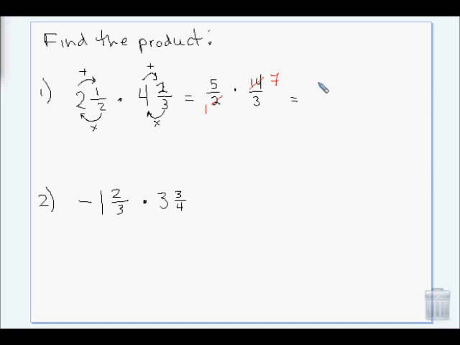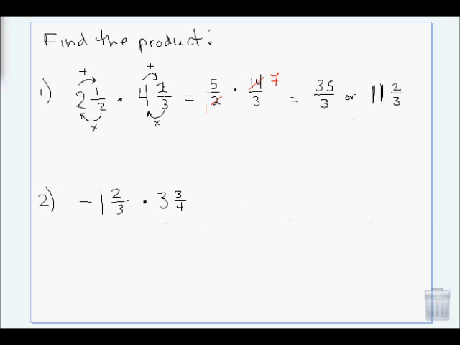And you end up with 35/3. And if you wanted to, you could put that into a mixed number and you get 11 and 2/3 if you did do that. We don't have to put it. Well, it depends on what the question asks for. The multiple choice question asks for. This would be fine for most purposes.